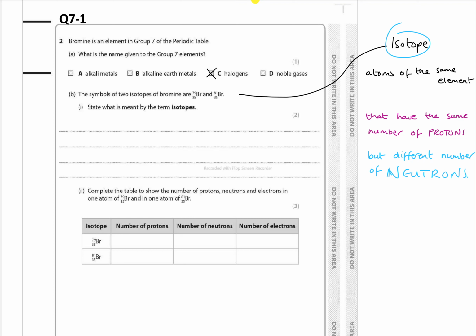Important to learn, that comes up a lot. That's probably the best and clearest definition. Keep to that.